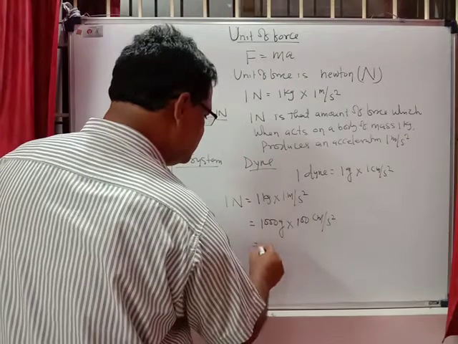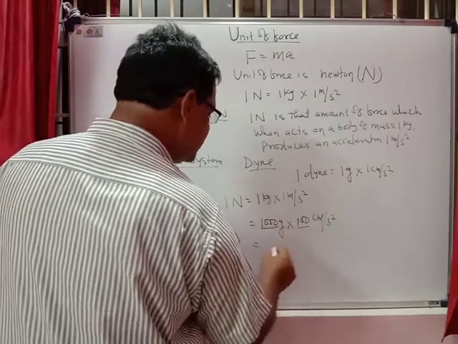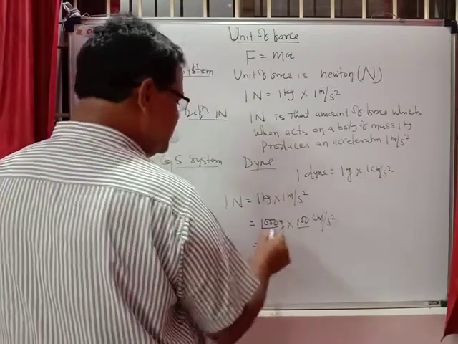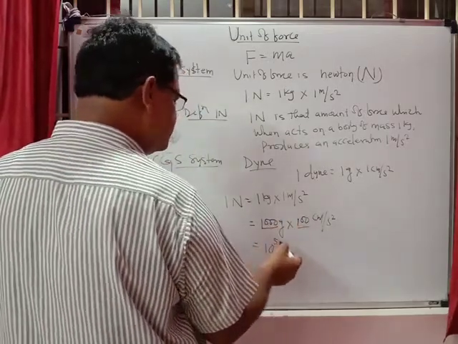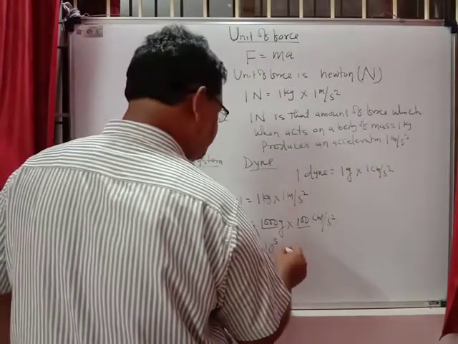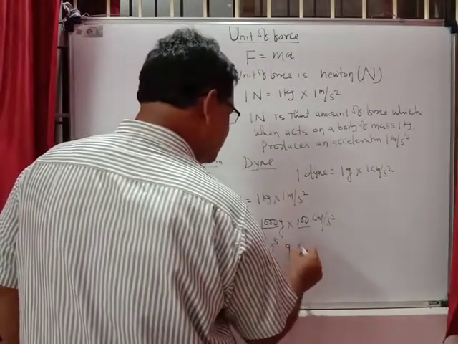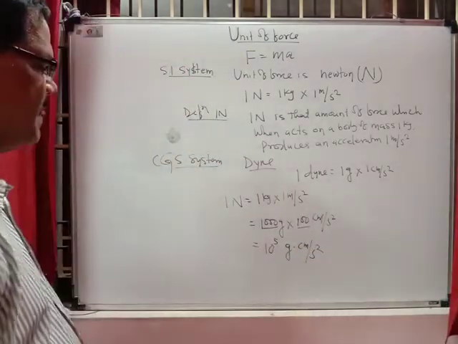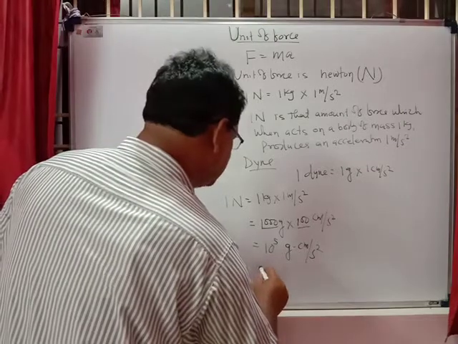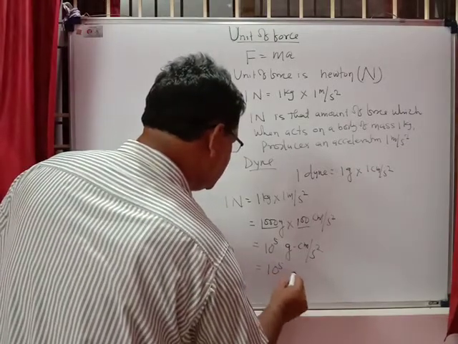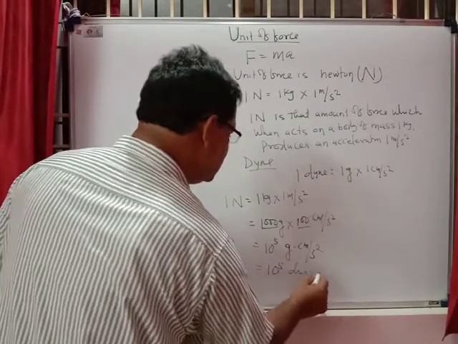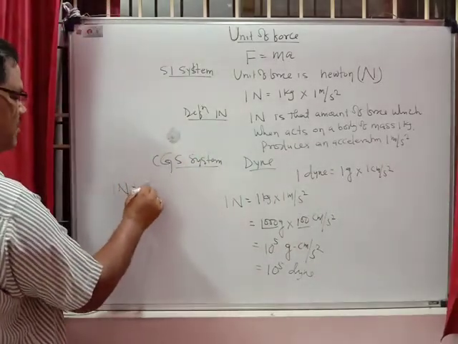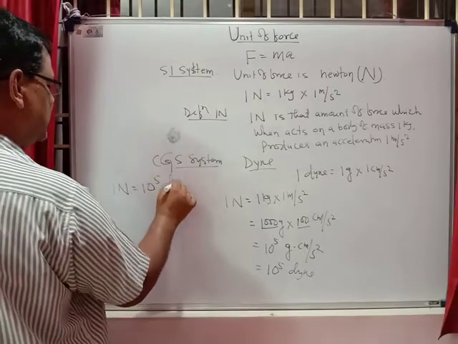This equals 10 to the power 5, because there are 5 zeros: 1, 2, 3, 4, 5. So 10 to the power 5 gram centimeter per second square, which can be written as 10 to the power 5 dyne. So finally, 1 Newton equals 10 to the power 5 dyne.